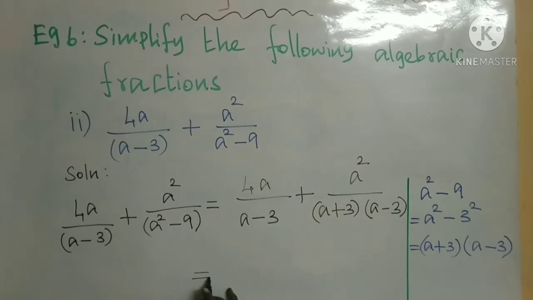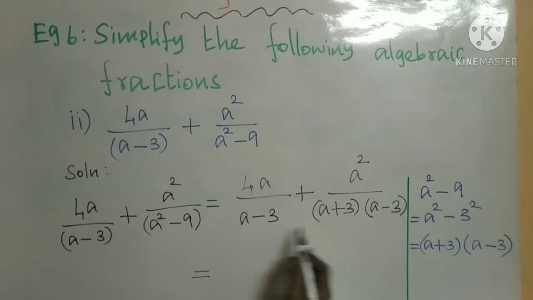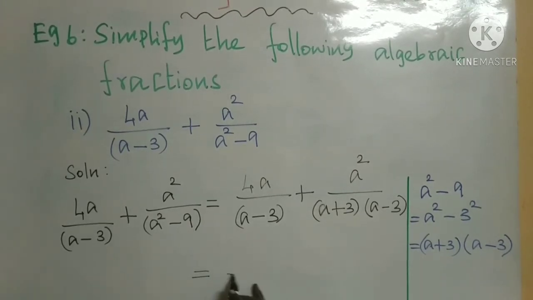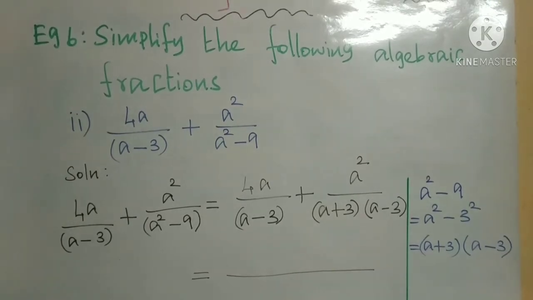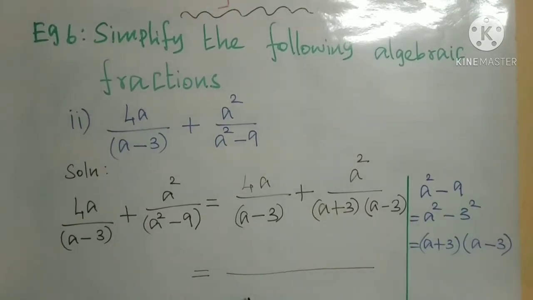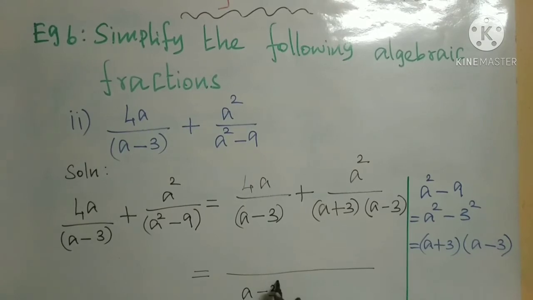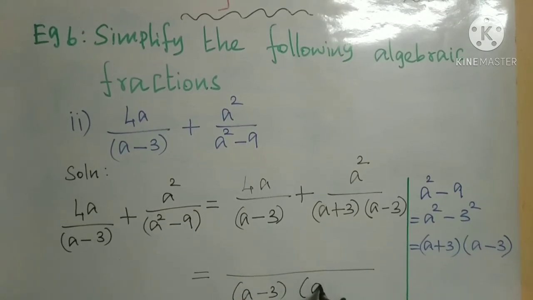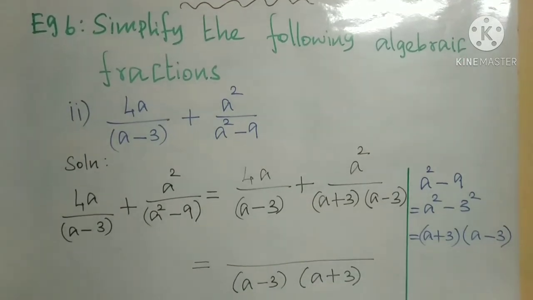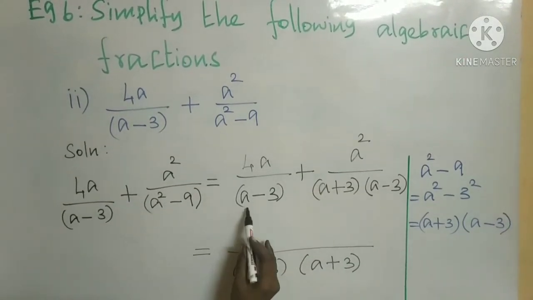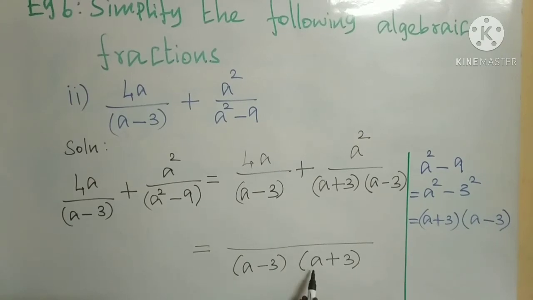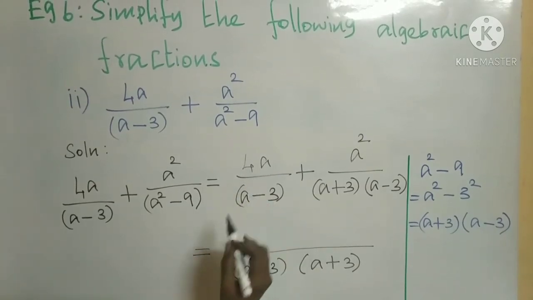Now we have to find the LCM for the denominator. What is the LCM value? Write all the factors: a minus 3 into a plus 3. So these two are common factors. Now here a minus 3 is given, so we have to multiply by a plus 3.